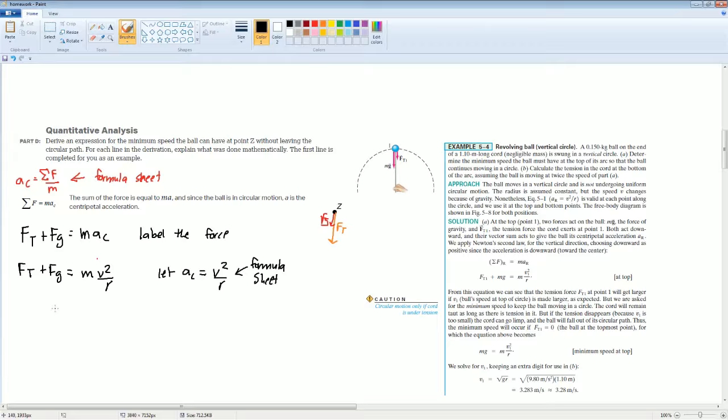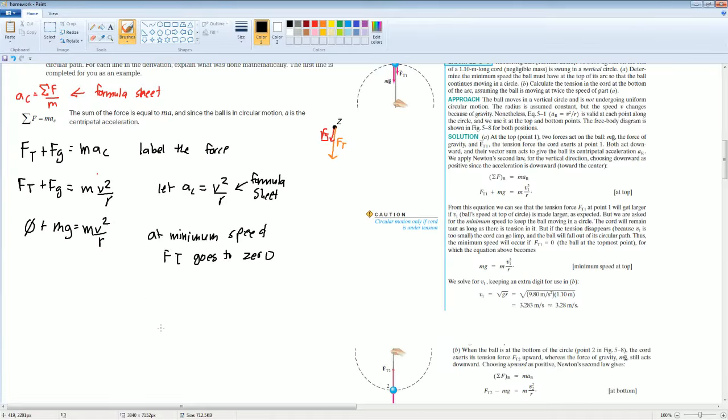Next, we see that the tension force is at its minimum, because it says here minimum speed. So at minimum speed, FT goes to 0. So this becomes 0, and you only have mg left, equal to m v squared over r.